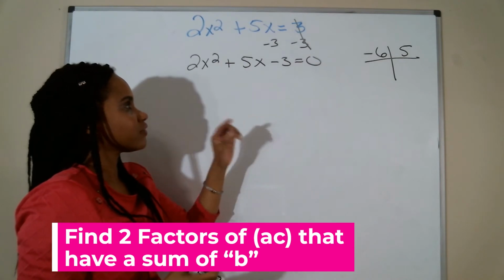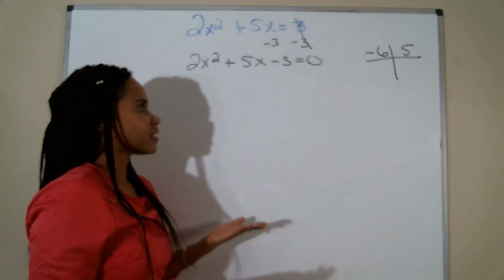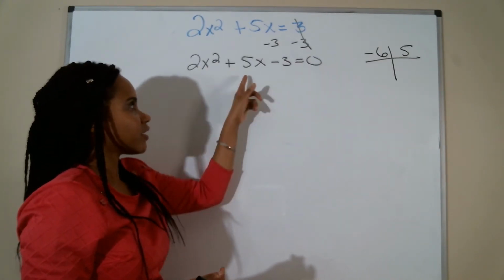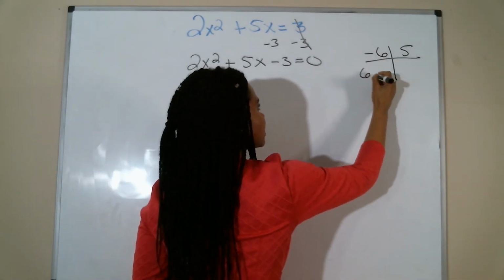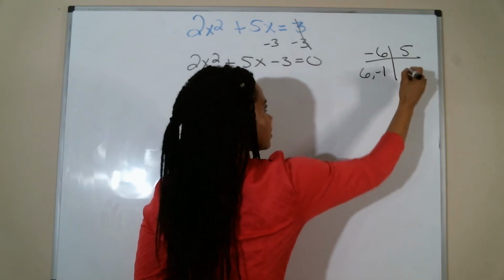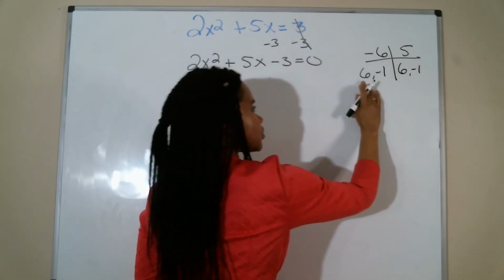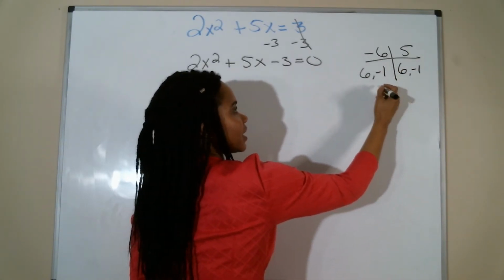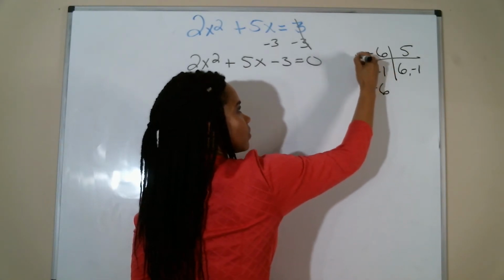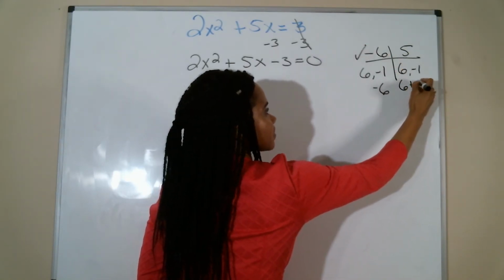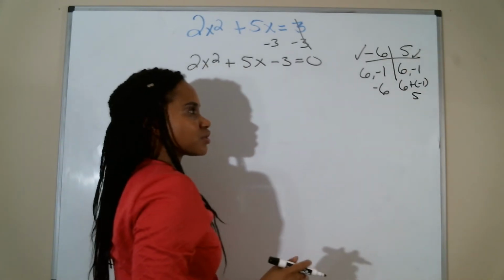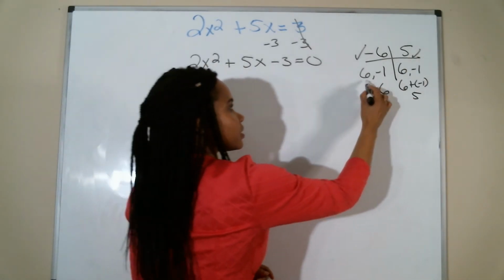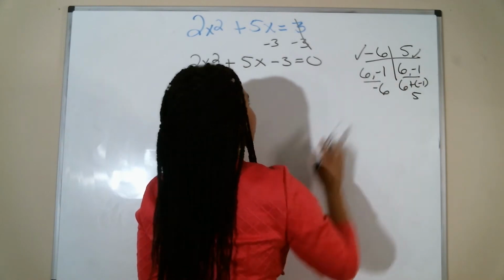Two numbers that multiply to get negative 6 but have a sum of 5 are 6 and negative 1. If I multiply 6 times negative 1, I get negative 6, and if I add 6 plus negative 1, I get 5, which is what I want. So the 2 factors I'm going to use here are 6 and negative 1.